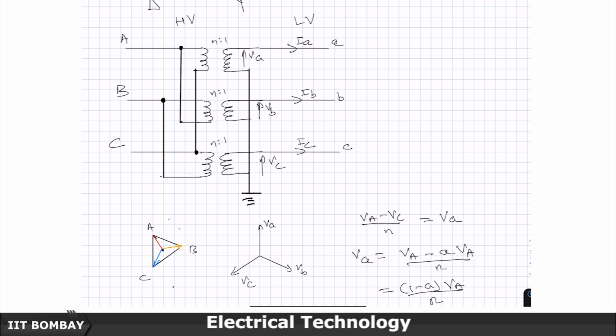So, let us say that this is my circuit right now. This should be IA. The balanced sources are connected here, though I have not shown them. This is current IB, and this current is IC. Okay.